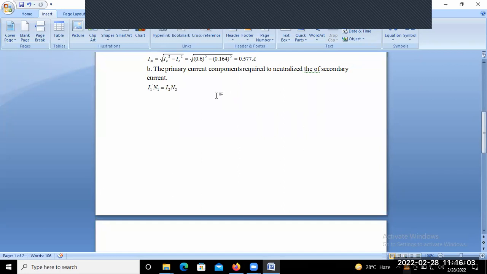And V1 is your 2200 volt. And I2 is your 60 ampere. So if you put the values, you will get I1 dash, that is equivalent to the load current towards the primary side, equal to 6 ampere.